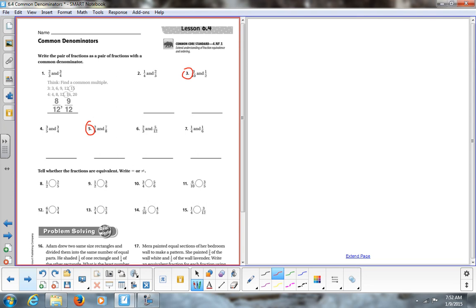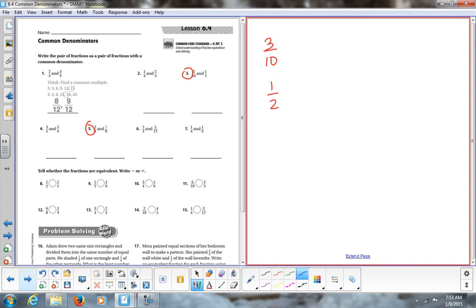All right, number 3. We got 3/10, 1/2. Okay, circle the denominator. Okay, get your multiples. 10 times 1 is? 10 times 2 is? 10 times 3 is?